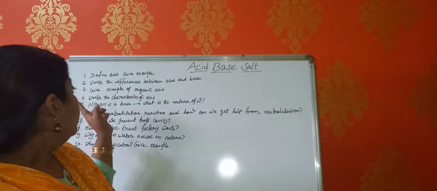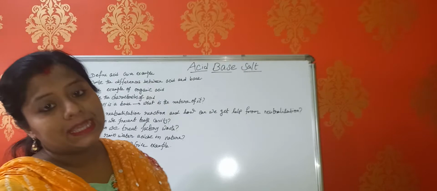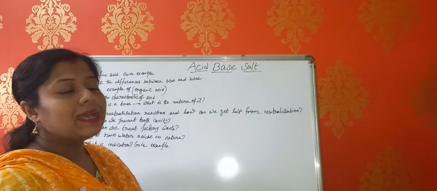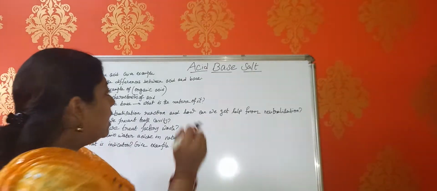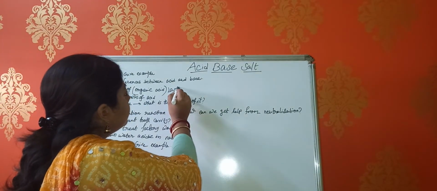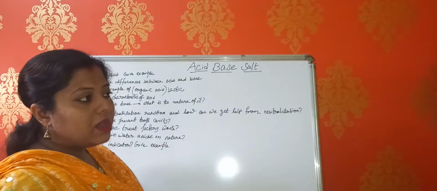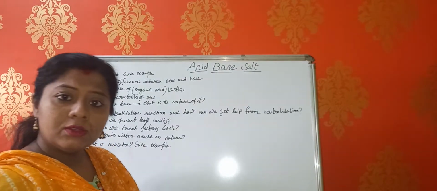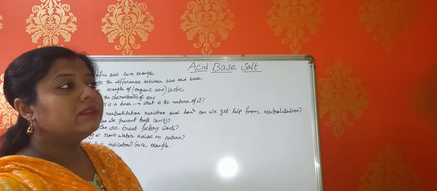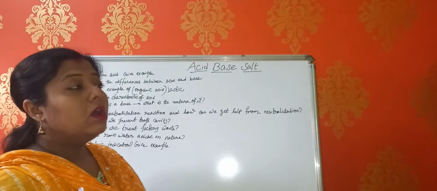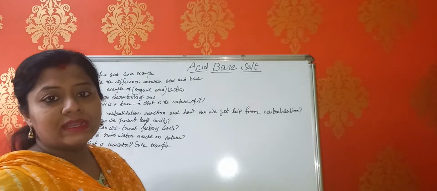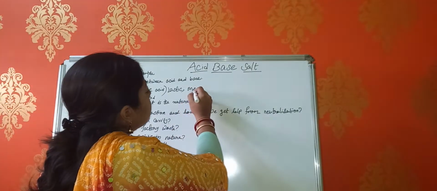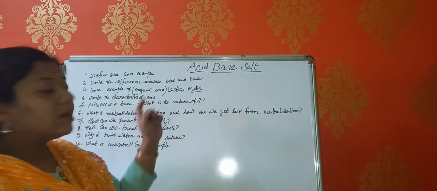Next one is: give an example of organic acid. Organic acids are less corrosive, like lactic acid, oxalic acid or formic acid. Any kind of acid found in the body of animals or any living organism, like malic acid in apple, is called an organic acid.